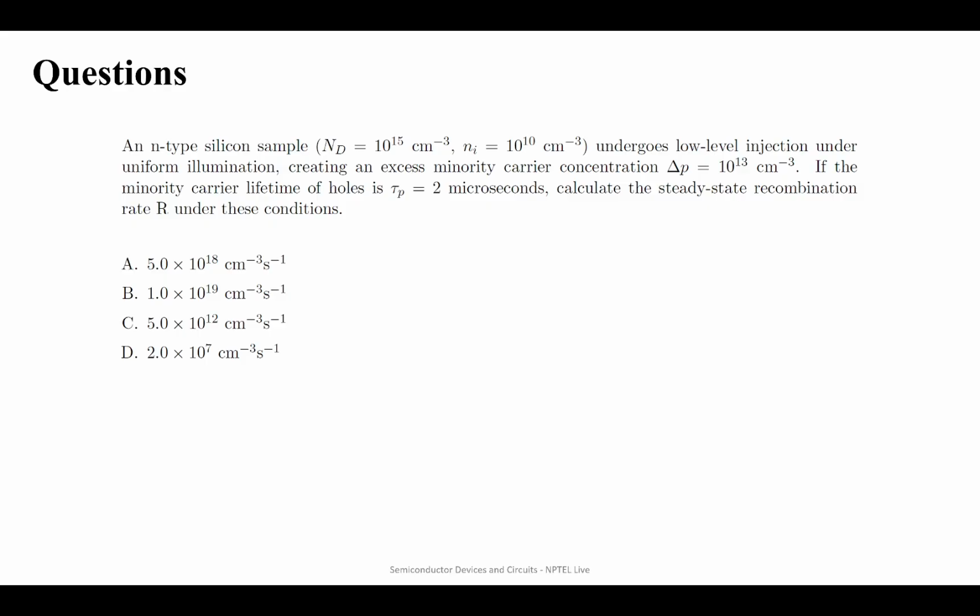If the minority carrier lifetime of holes is tau p equals 2 microseconds, calculate the steady state recombination rate R under these conditions. 5 times 10 to the 18 per cm cubed per second, 1 times 10 to the 19 per cm cubed per second, 5 times 10 to the 12 per cm cubed per second, 2 times 10 to the 7 per cm cubed per second.